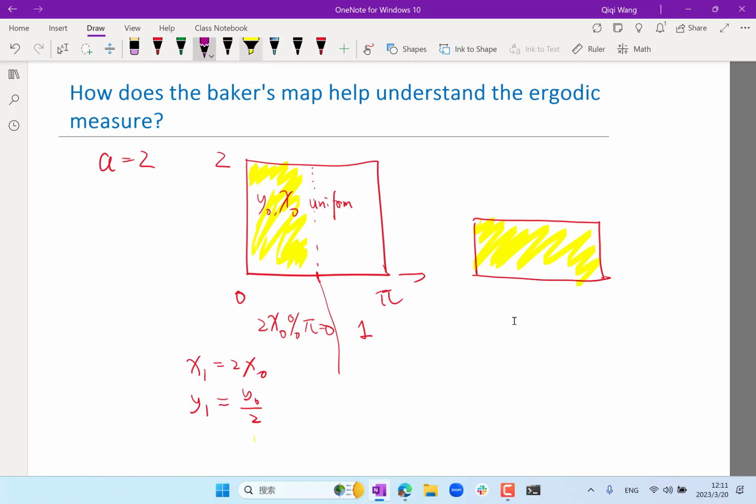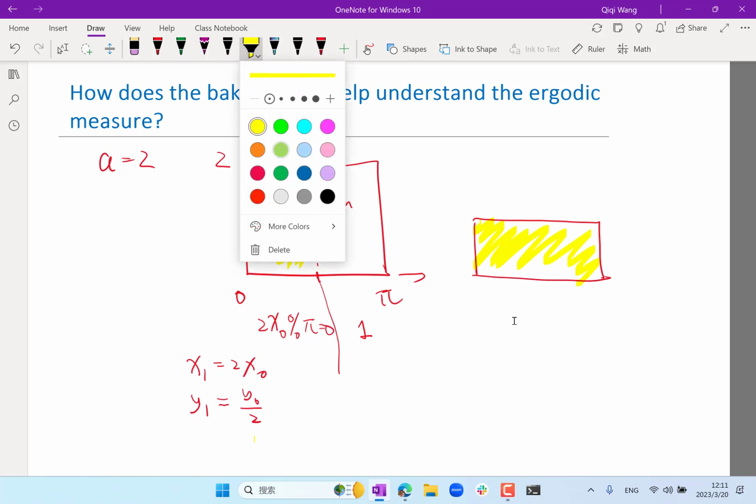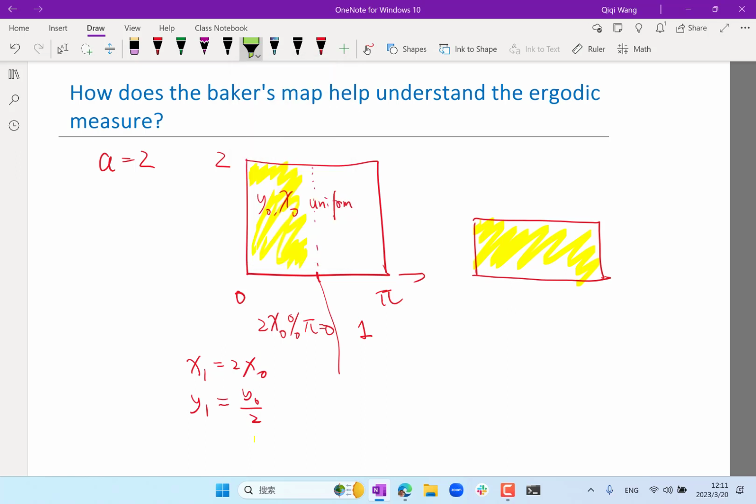And then we are going to be mapping this part of the domain into x1 equal to 2x0 minus 1, and y1 equal to 1 plus half of y0. So what does that mean?